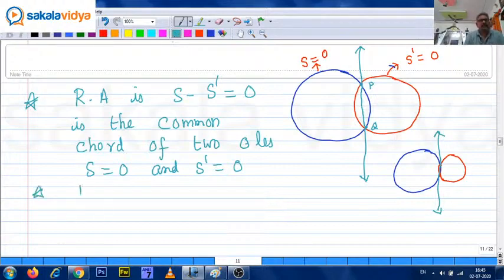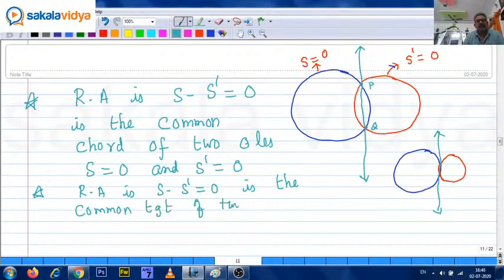In this case, the radical axis, S minus S dash equals 0, is the common tangent of the two circles S equals 0 and S dash equals 0. Even if the two circles touch internally also, like this.